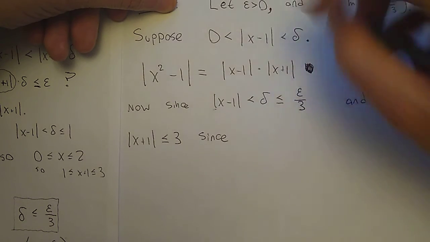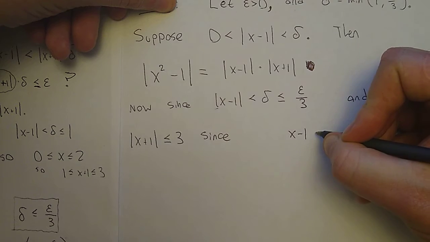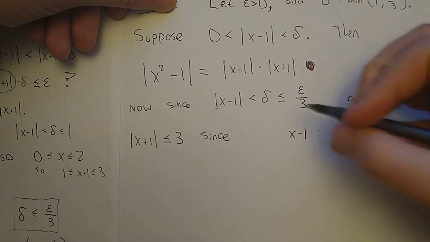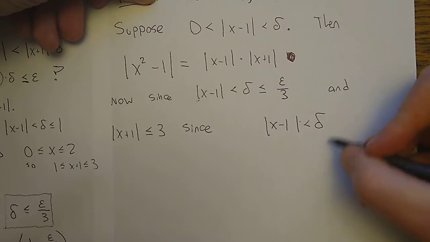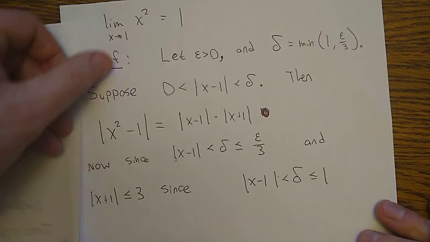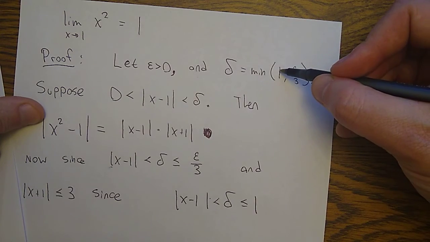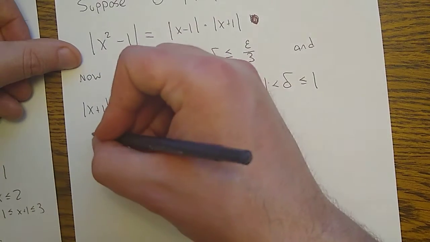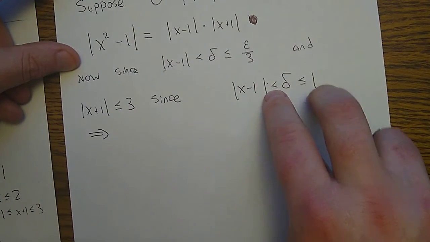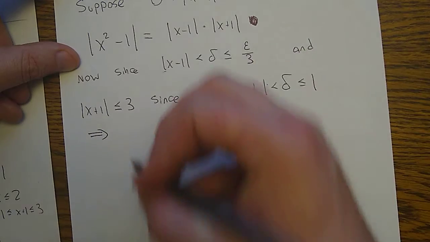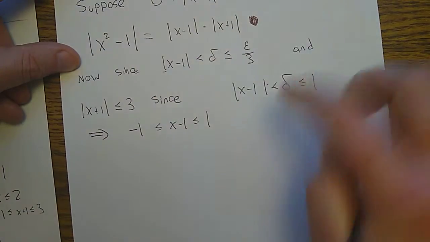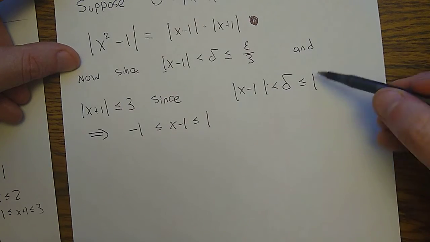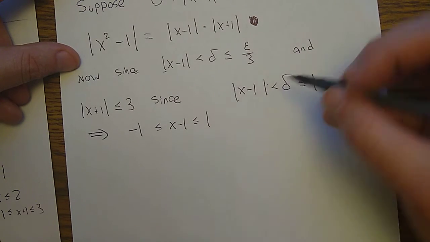right, once again, x minus 1 is smaller than delta, which is less than or equal to 1. And this is where I'm putting the 1 here. So that would imply, and once again I'm doing the same steps. I take the absolute value off. I put this in between -1 and 1.